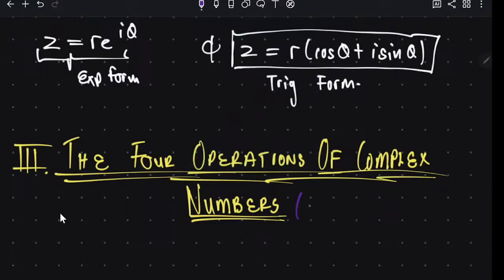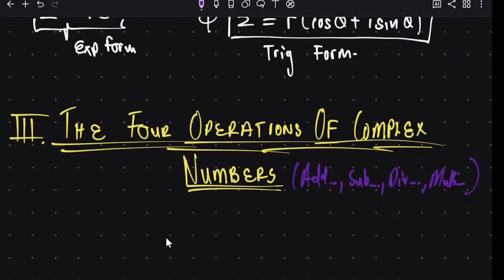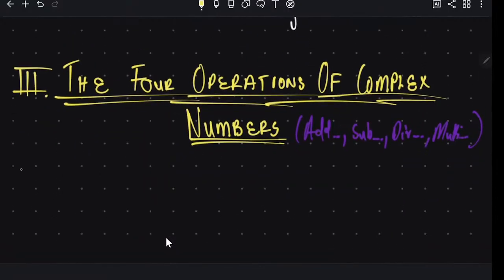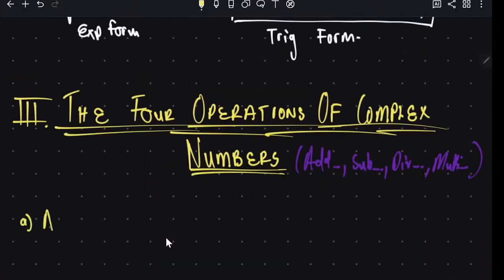These 4 are addition, subtraction, division, and multiplication. How do you add complex numbers? How do you subtract? Let's start with addition of complex numbers.